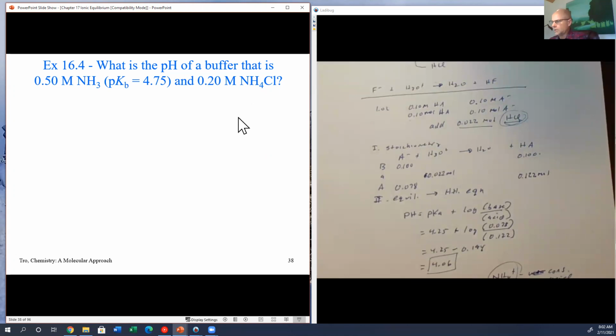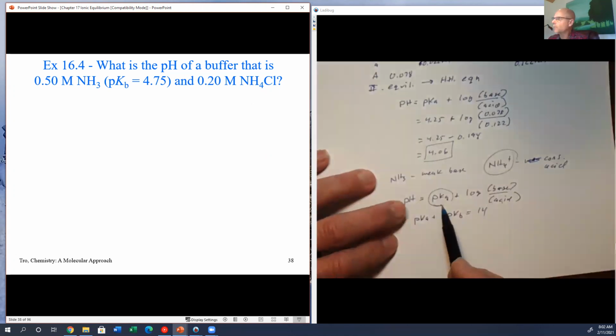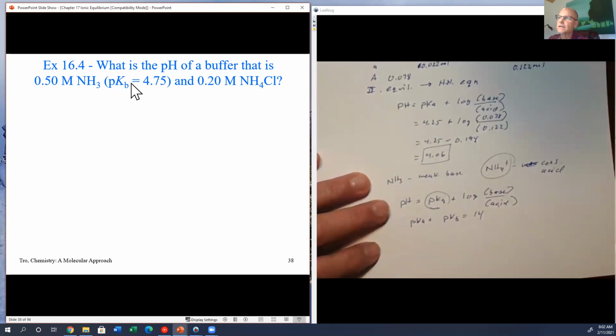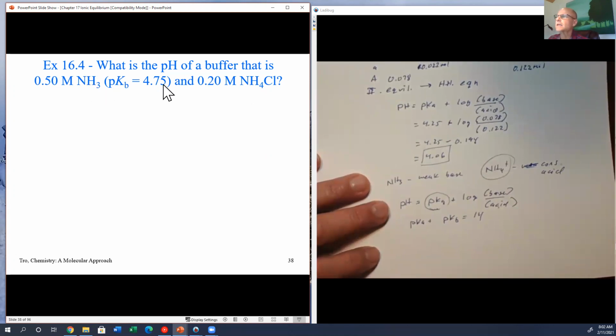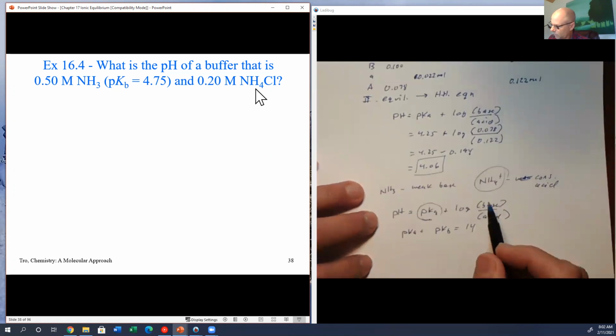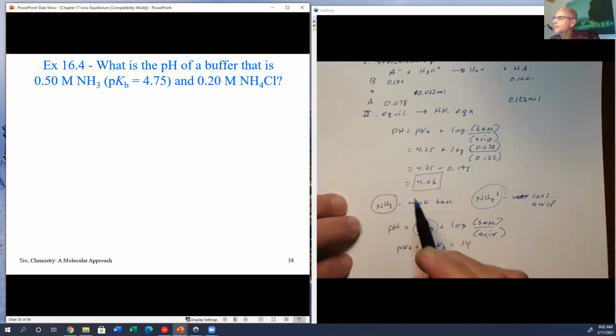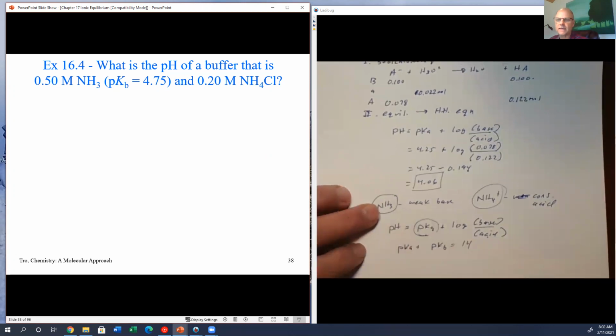So again, we're just going to use this equation, but we're going to need to get pKa. Usually what you can find is the pK or the K for the species that is not charged. In other words, when you look things up in tables for this buffer system, you're going to find KB.